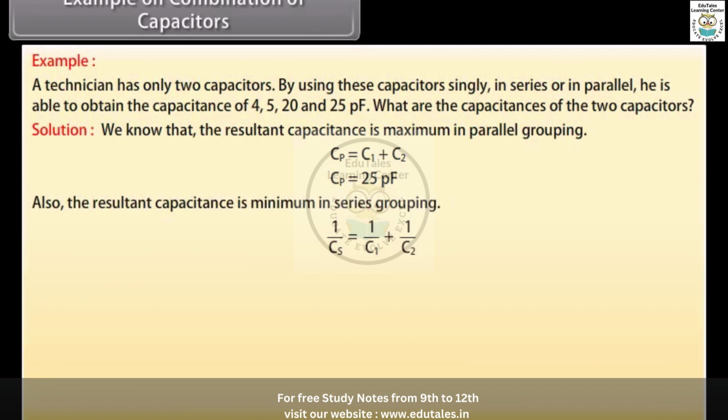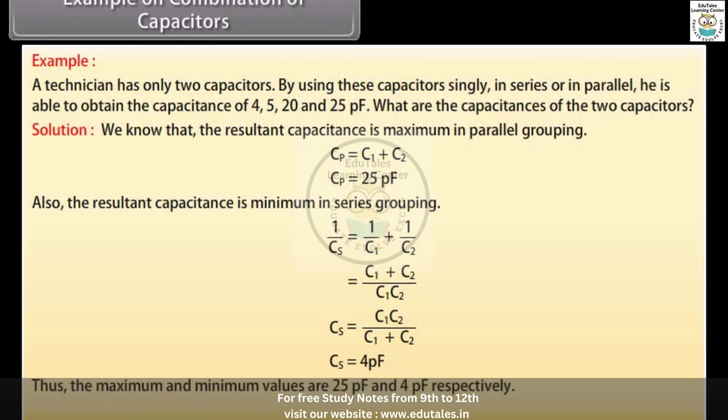Reciprocal of Cs is equal to 1 upon C1 plus 1 upon C2, or Cs is equal to 4 picofarad. Thus, the maximum and minimum values are 25 picofarad and 4 picofarad respectively. Remaining values, 20 picofarad and 5 picofarad, represent the individual values of the two capacitors.